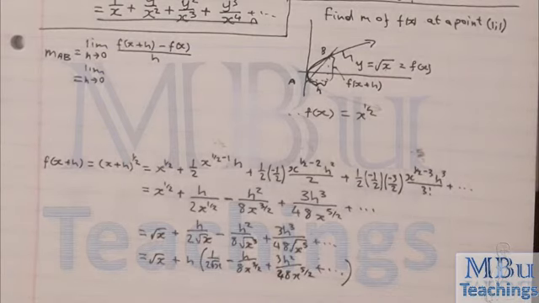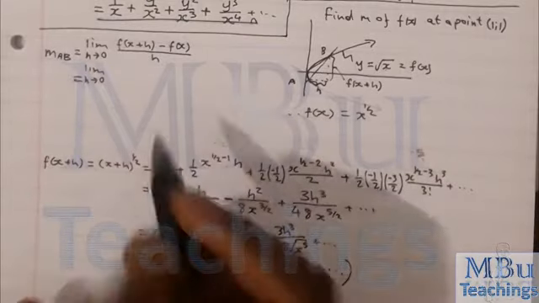So we took out h as a common factor, so we can take this, substitute it there.